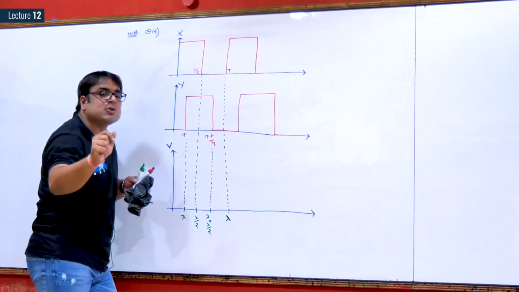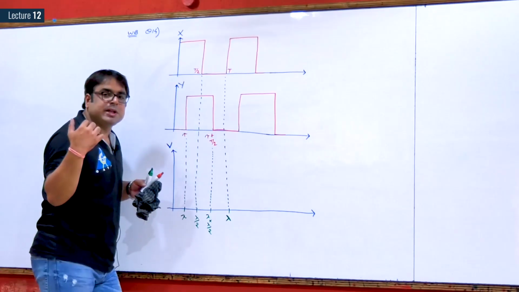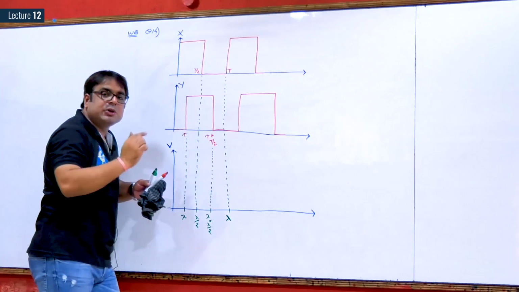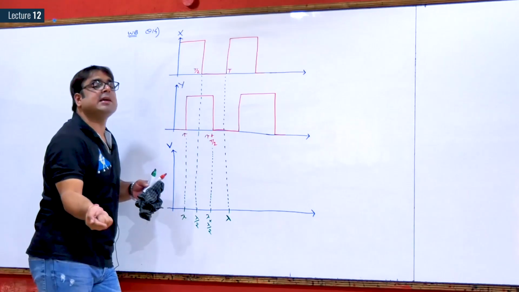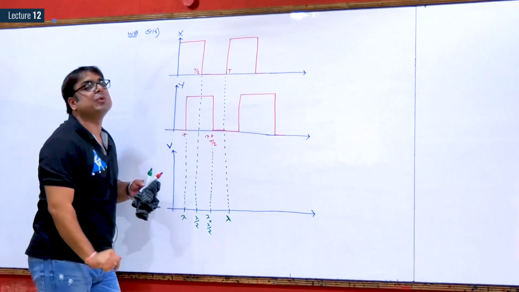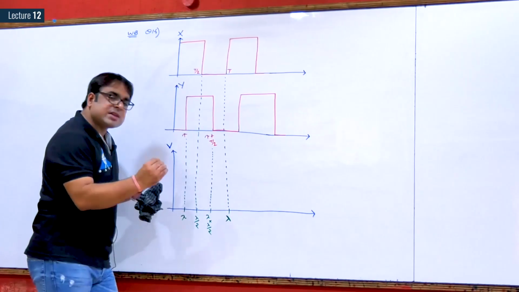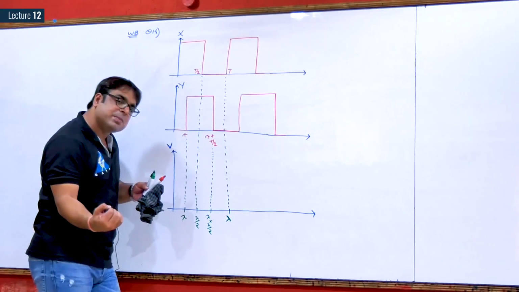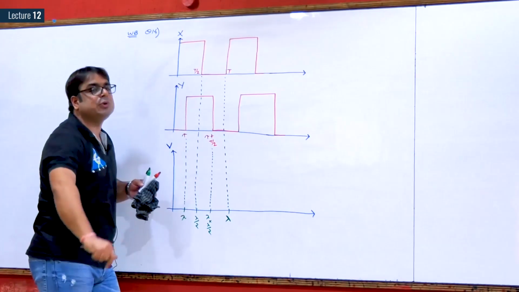The basic meaning of the question is, you have to pass waveform X and waveform Y to an XNOR gate, and then whatever output you get at the output of the XNOR gate, you have to find the average value of that output waveform. So first step, we will find the output of the XNOR gate. In the last step, we will find its average value.